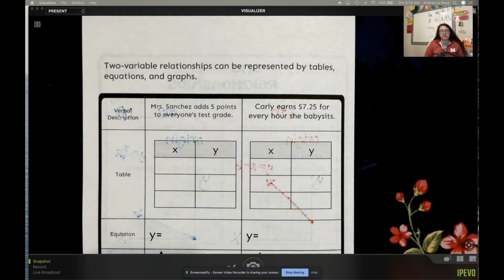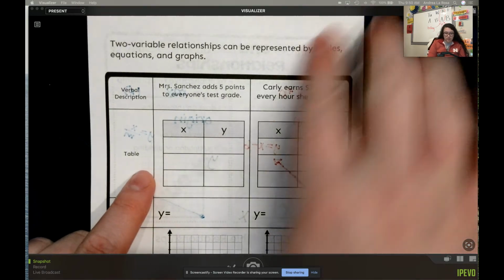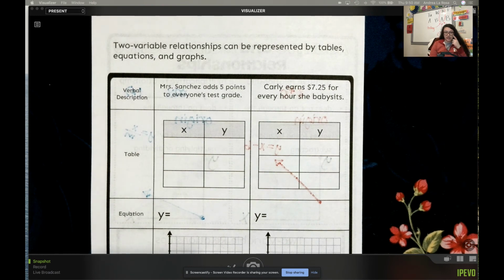Two variable relationships can be represented by tables, equations, and graphs. So we have verbal descriptions. One is a proportional relationship, one is an additive relationship. Mrs. Sanchez adds 5 points to everyone's test grade.